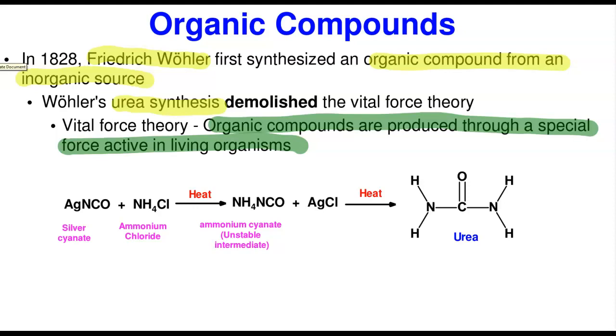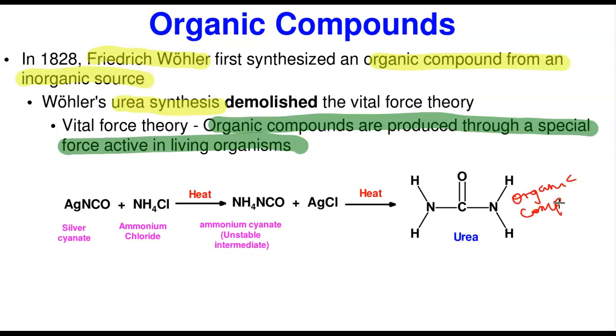So what did Wöhler do? Wöhler used two inorganic substances. He used silver cyanide and ammonium chloride and reacted them. When he reacted them, the reaction formed an intermediate, which is ammonium cyanide. Ammonium cyanide is an unstable intermediate which quickly rearranges itself to form urea. And urea here is an organic compound.